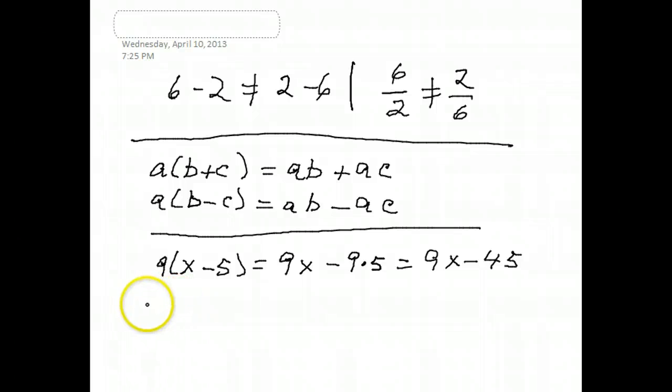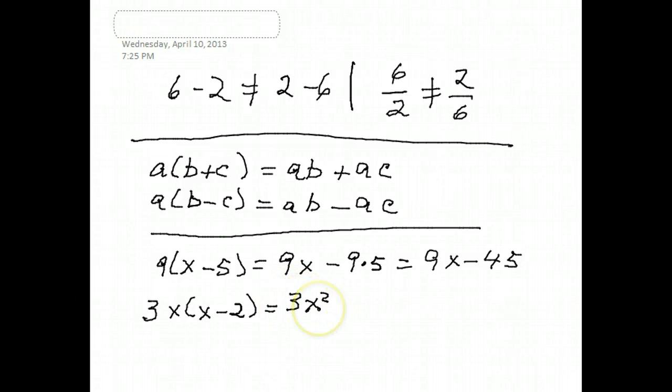And let's say I have 3x, and in parentheses I have x minus 2. So I can multiply the 3x by the x, and then the 3x by the minus 2. So 3x times x is 3x squared. 3x times minus 2 is minus 6x.